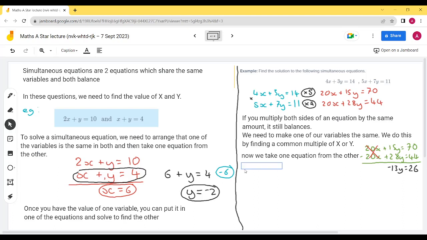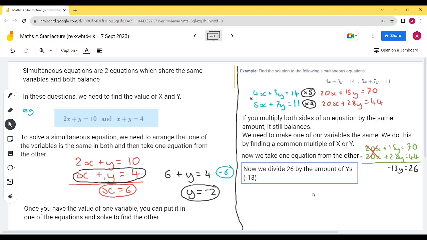All right. So now we've done this, now we divide 26 by the amount of y's, so negative 13. So again, effectively now we're just solving an equation, just like you do at the end when you're solving an equation, you divide by the amount. Because we've got more than one, we need to do that stage here.